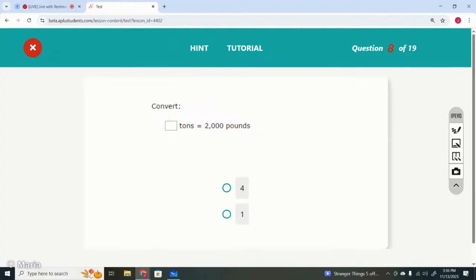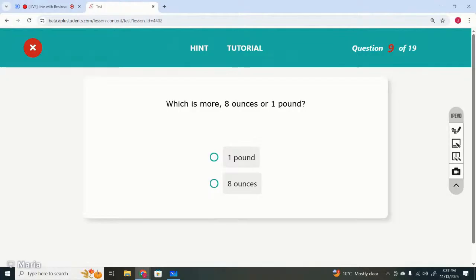Option number 1 is the correct option. 2000 pounds equal how many tons? 2000 pounds equal 1 ton. Option number 1 is the correct option.